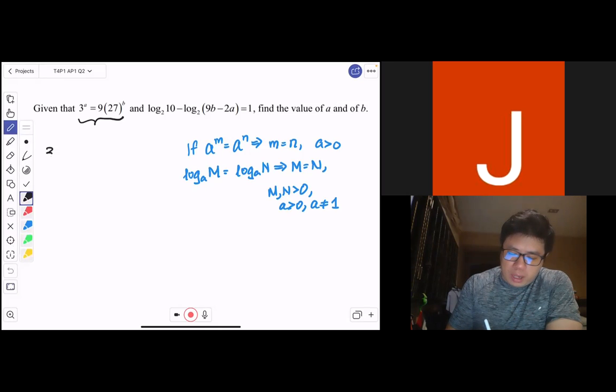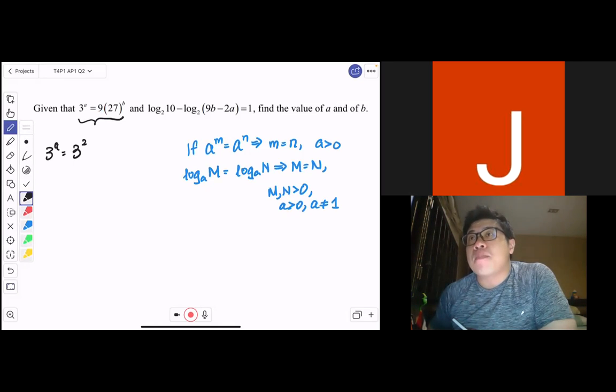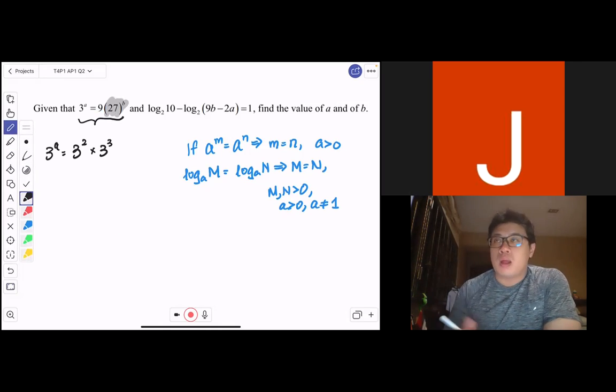So 3 to the power of a, I'm going to change my 9 to 3 to the power of 2. The reason is that I want to create the same base so that I can pack my terms together. 27 to the power of b, I'm going to write as 3 to the power of 3b, since 27 is 3 to the power of 3.